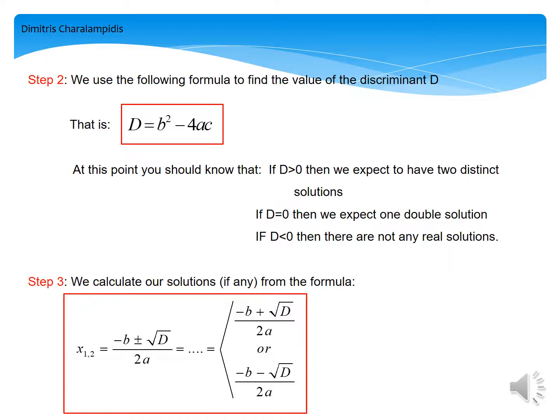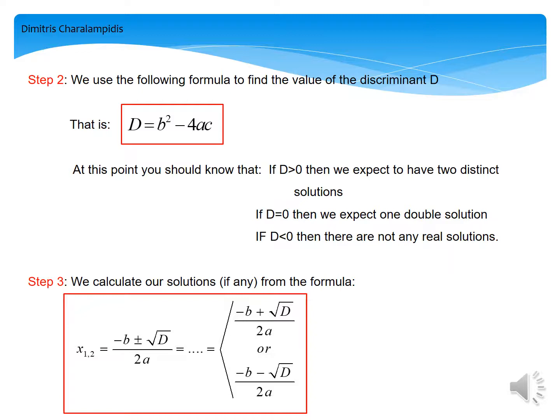Moving to the third and final step, we can calculate our solutions, if there are any, from the formula which is known as the discriminant formula. That formula implies that the 2 solutions x1 and x2 can be given by minus b plus minus square root of d over 2a.